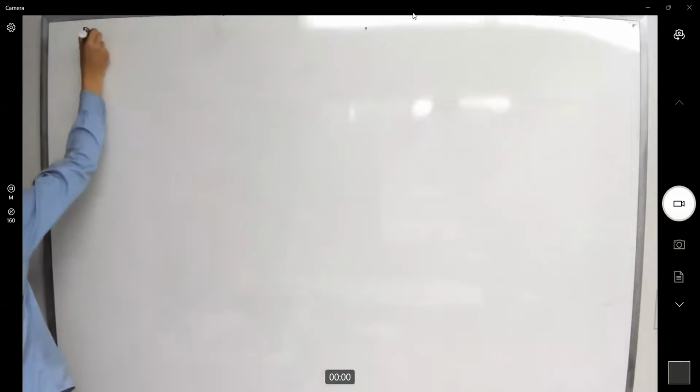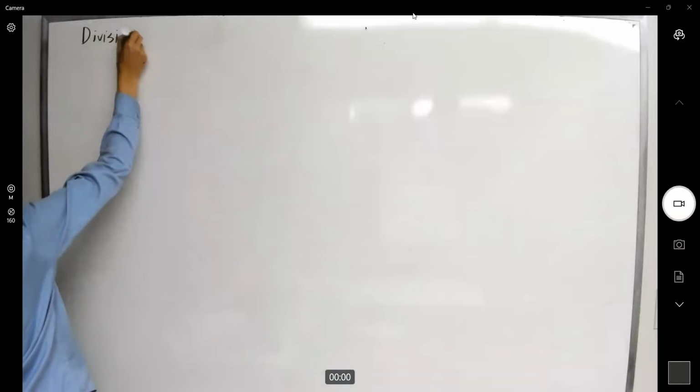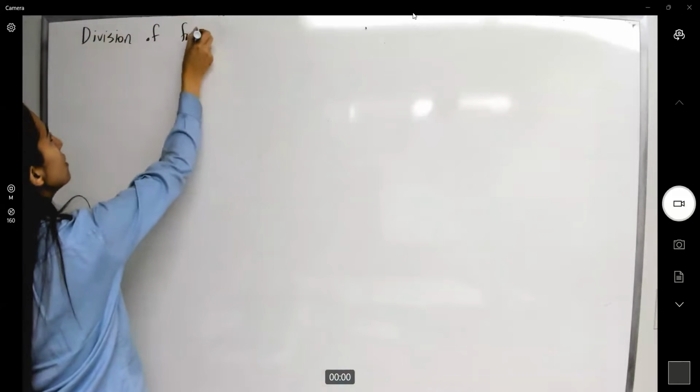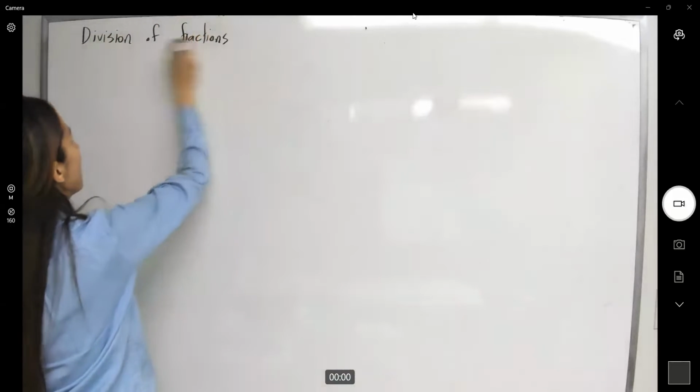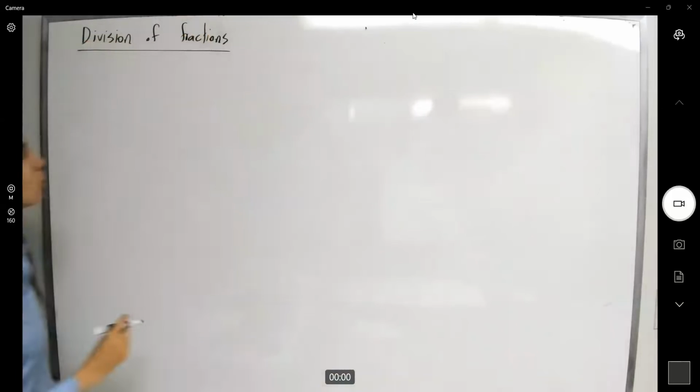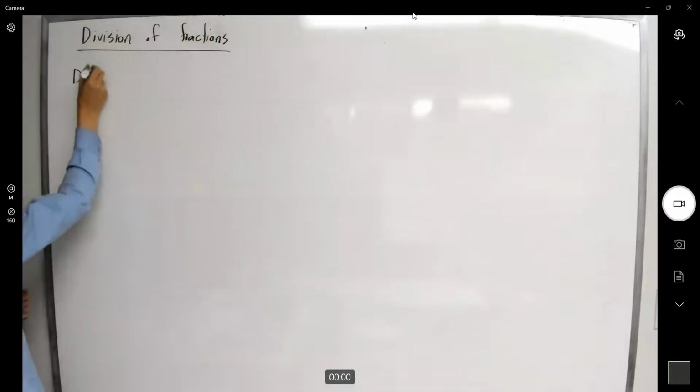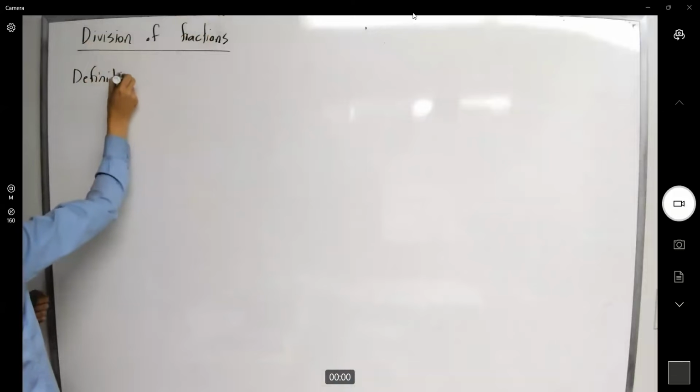Division of fractions. Well, suppose I have the general definition written here for you.